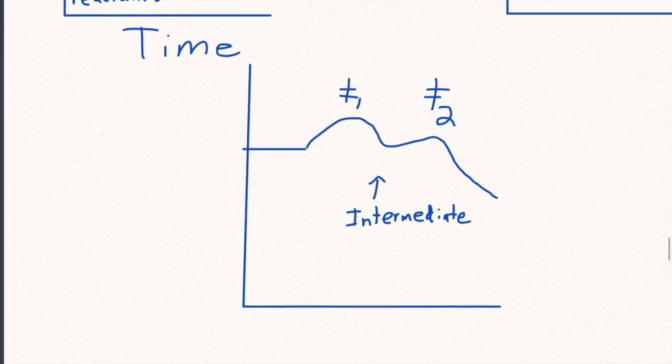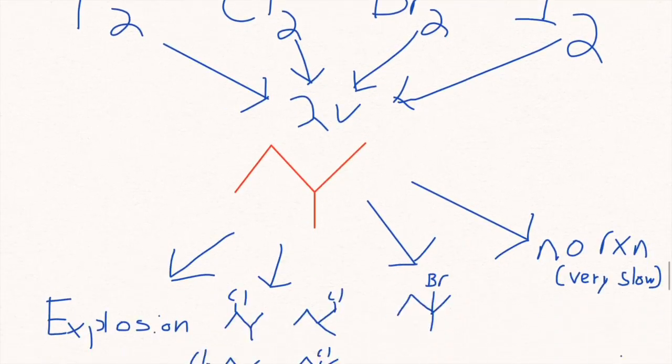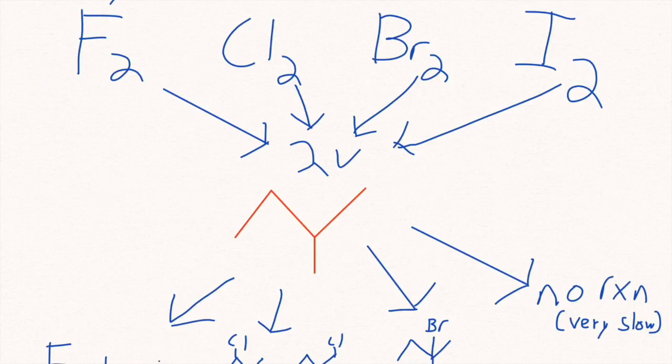Now I can show that as well in the selectivity down below. Generally, iodine will be your most selective, then bromine, chlorine, and fluorine. Fluorine is very unselective. In fact, it's so unselective that it will explode in most cases, so we don't really use it in lab. On the opposite side, iodine's so selective that it won't really react.